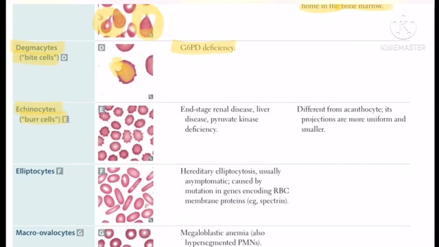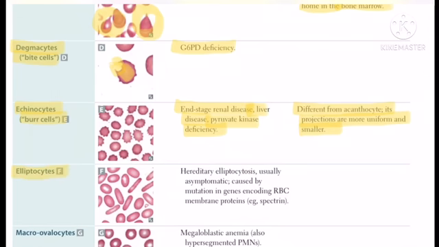We can see these burr cells in end stage renal disease, liver diseases, and pyruvate kinase deficiency.